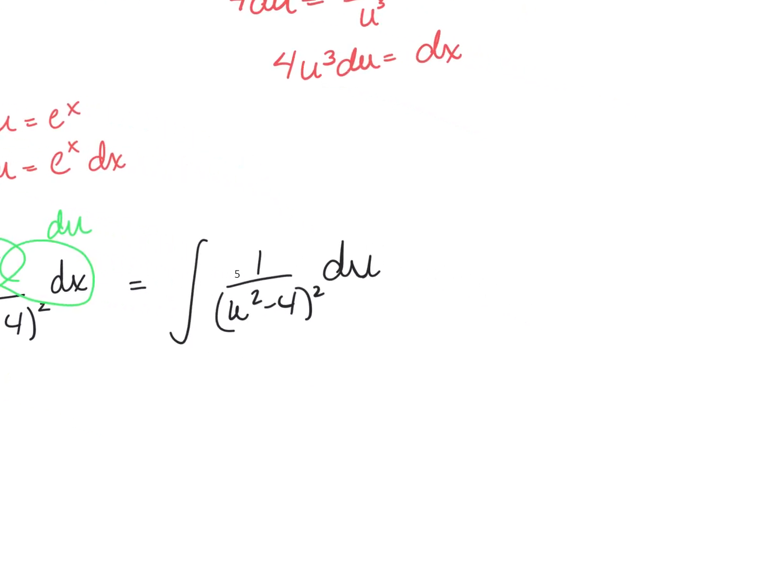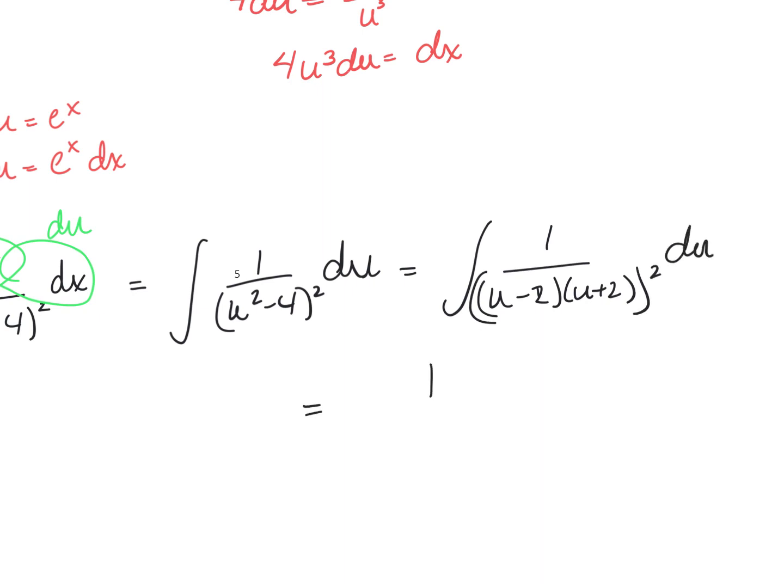But u squared minus 4 factors, so this becomes 1 over u minus 2, u plus 2, the quantity squared, du. So this becomes the integration of 1 over u minus 2 squared, u plus 2 squared du.